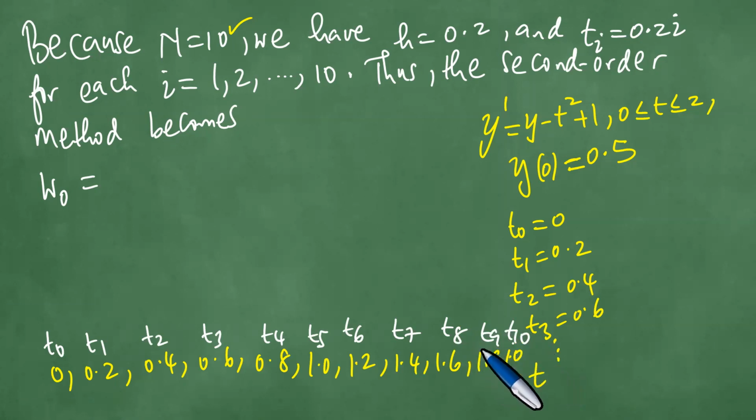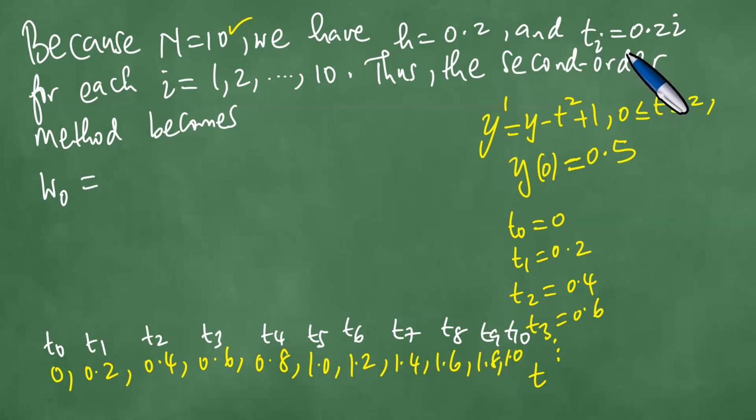Our approach this time around is just going to be practicing the formulas, the statements of these methods, and then we look at how we can apply them in the exam. Now if you look at these, then we have T10. That is why we say, because n equals 10, we have h equals 0.2.